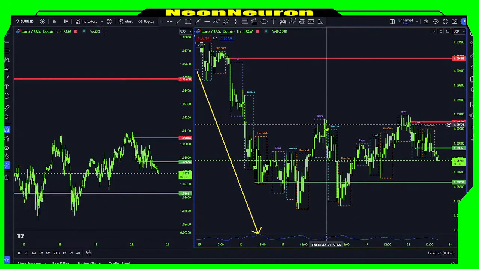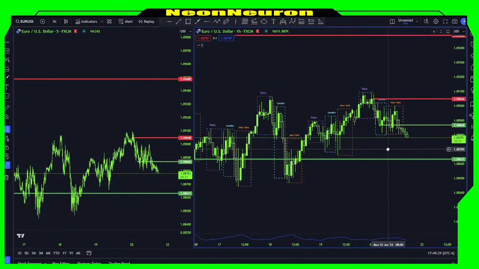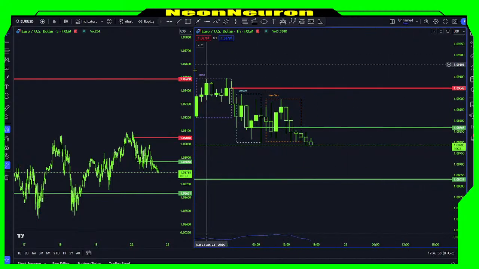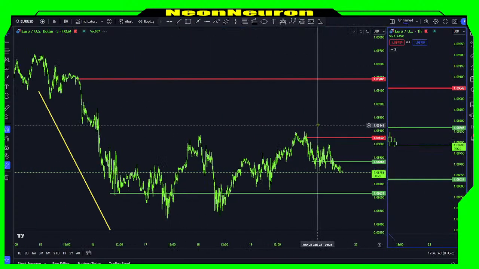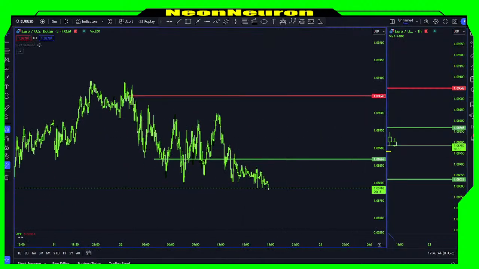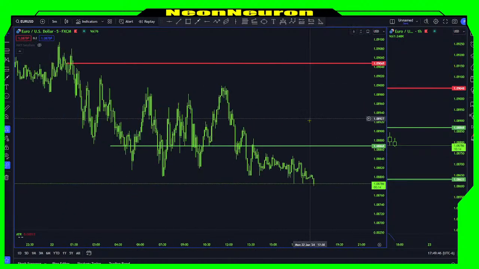So we made a high right here and then it pushed back down. And we're at this point, but then it's pushed back down again. So it looks like we're going to have to bounce off support or reach support before anything else happens. So with that in mind, I set up the day's support and resistance and then just waited.